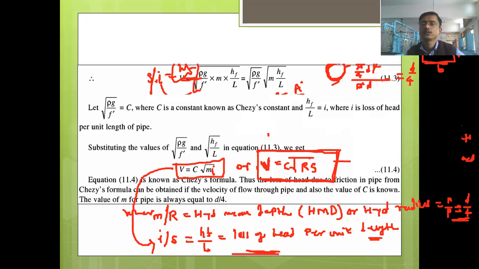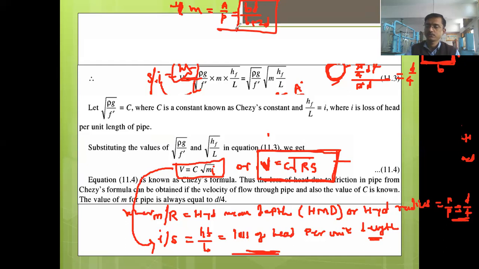Then perimeter will be this depth plus this width plus this depth, so B plus 2 into D. So M, hydraulic mean depth, is equal to A by P, equal to BD divided by B plus twice D. This is the formula for the hydraulic mean depth or hydraulic radius in case of a rectangular channel.